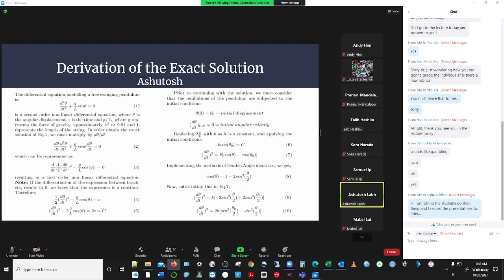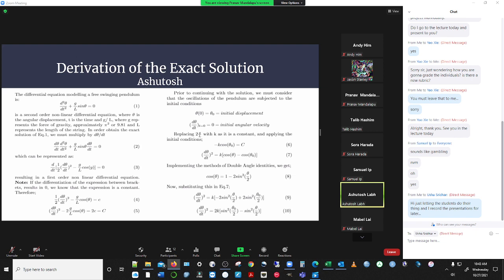With equation number 6, we found that minus k cos theta subscript 0 is equal to the constant C. Now we substitute that back into equation number 5, which results in equation 7: d theta over dt squared equals k bracket cos theta minus cos theta subscript 0.